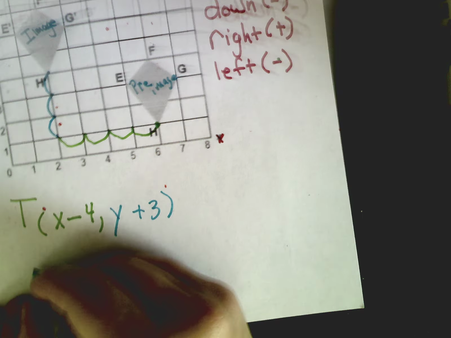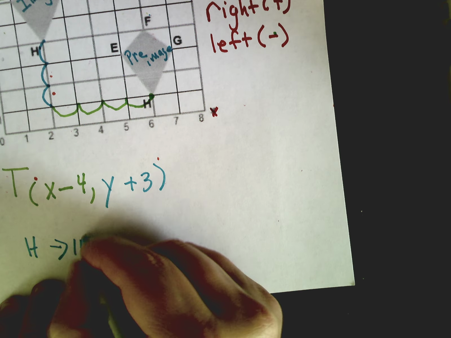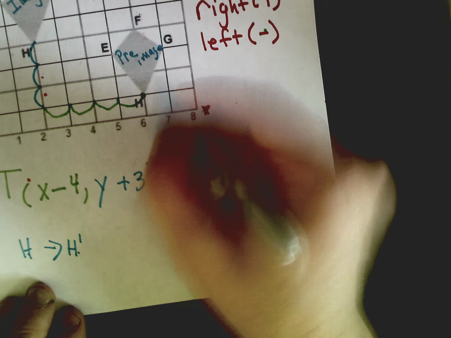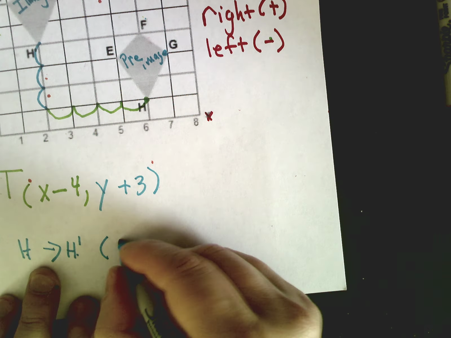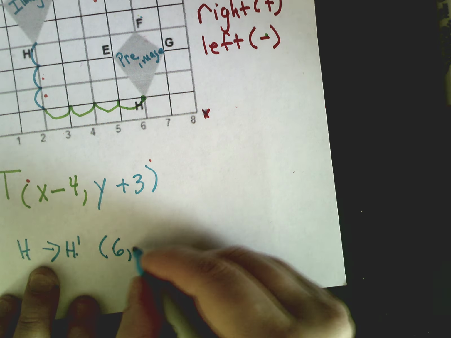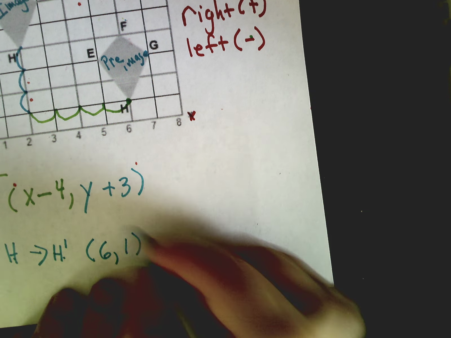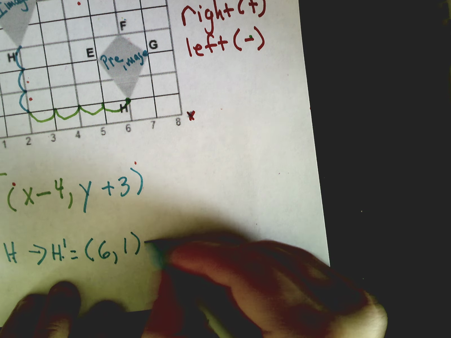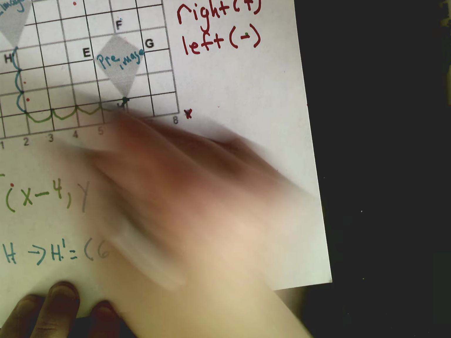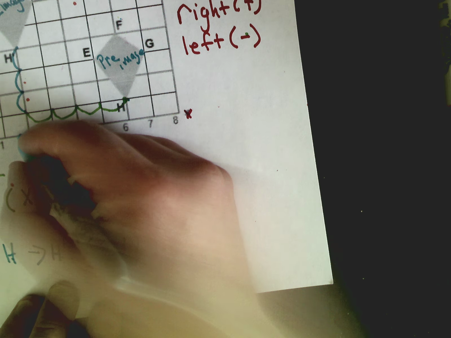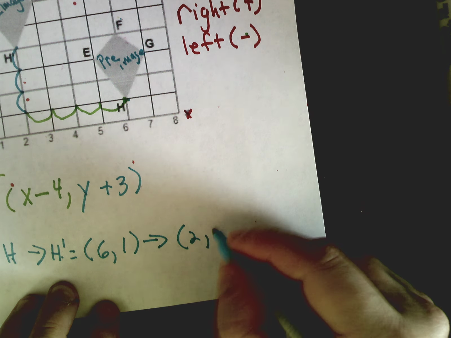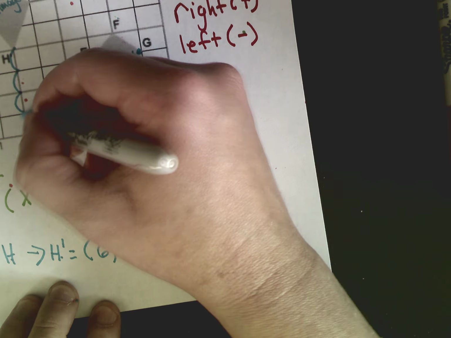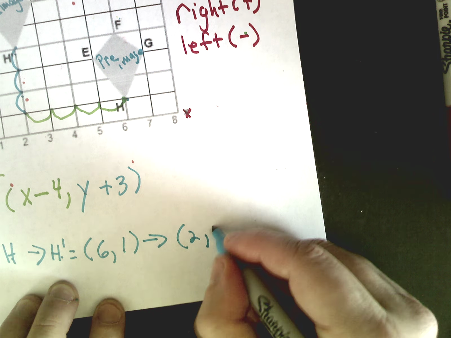So H, okay, when I went from H to H prime, the original image to the next, this original coordinate is x, comma, y, 6, comma, 1. Now, it went from 6, comma, 1 at H to 2, comma, 1, 2, 3, 4. 2, comma, 4.